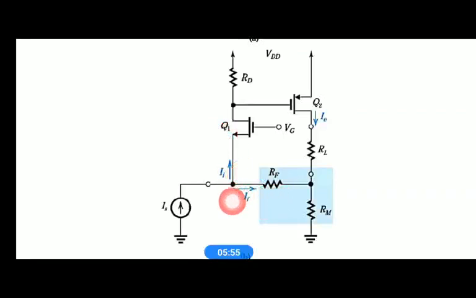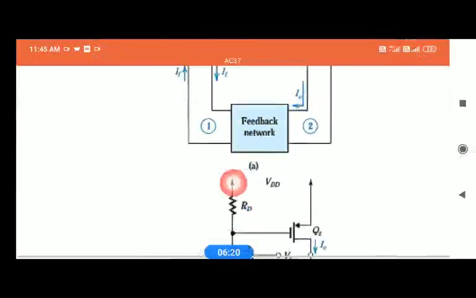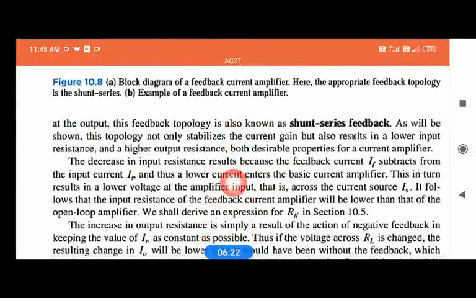According to Kirchhoff's current law, IS is the sum of II and IF, II plus IF, or in other words the current II is nothing but IS minus IF. Therefore an increase in IS will increase II.